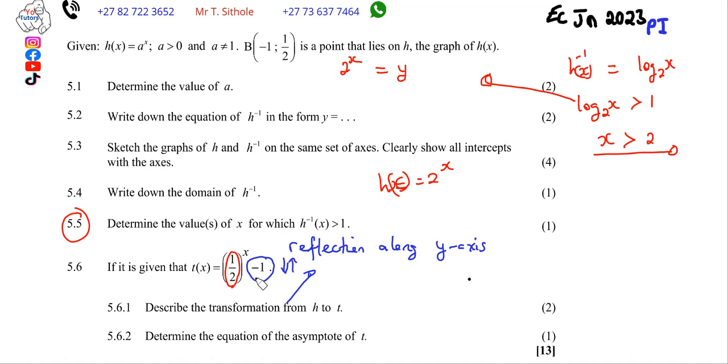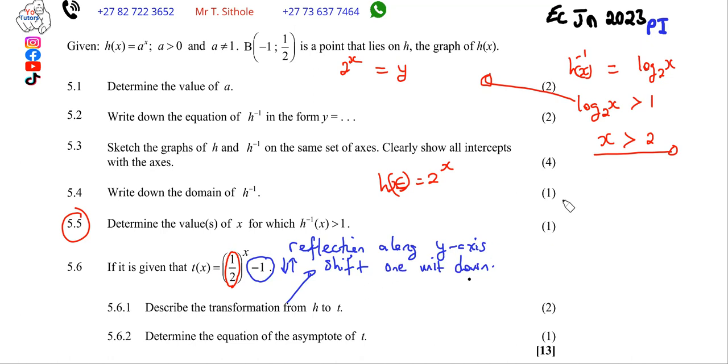Here the vertical shift, because of the negative, is 1 unit down. So that's what we have seen there. That's what it means.